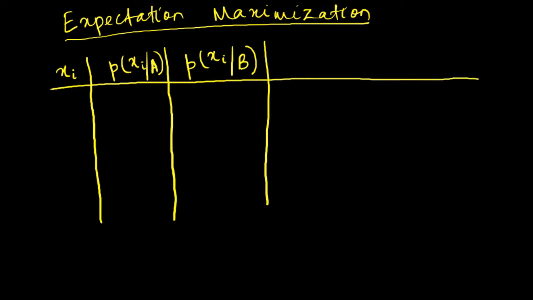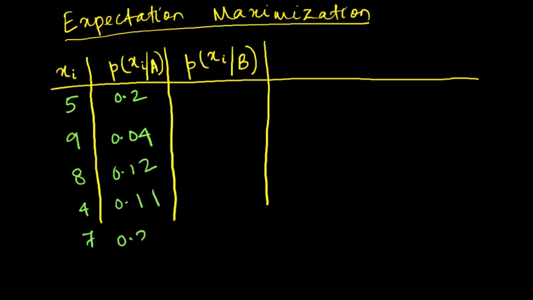So in the x that we have assumed, your xi is 5, 9, 8, 4, 7, and your P of xi given A is 0.2, then 0.04, then 0.12, 0.11, and 0.22.